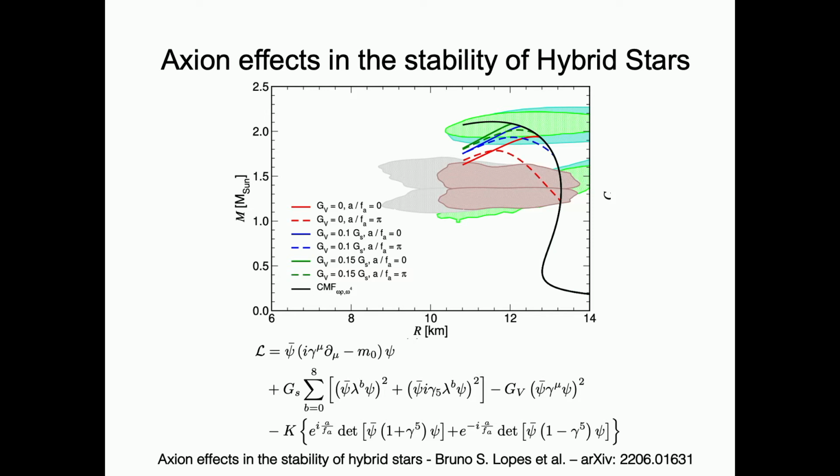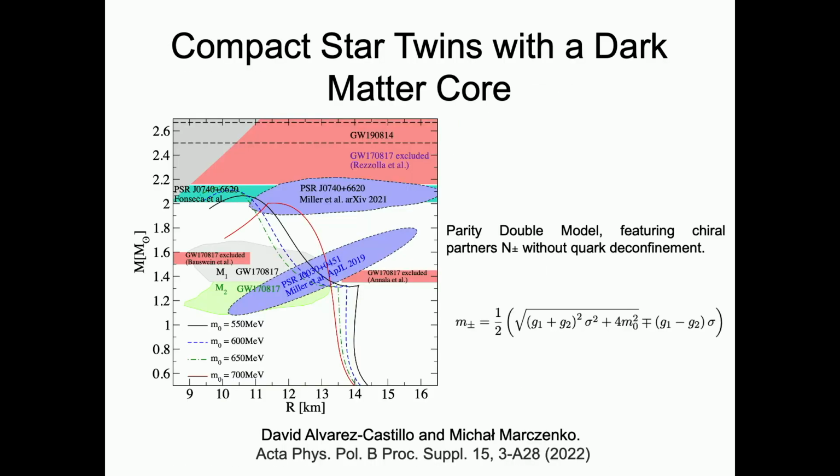And if you consider models that do not have phase transitions, that assume that at least in stable neutron stars there will be no phase transition to quark matter and so on, then under this assumption, whatever that could be dark matter, could also create instabilities.